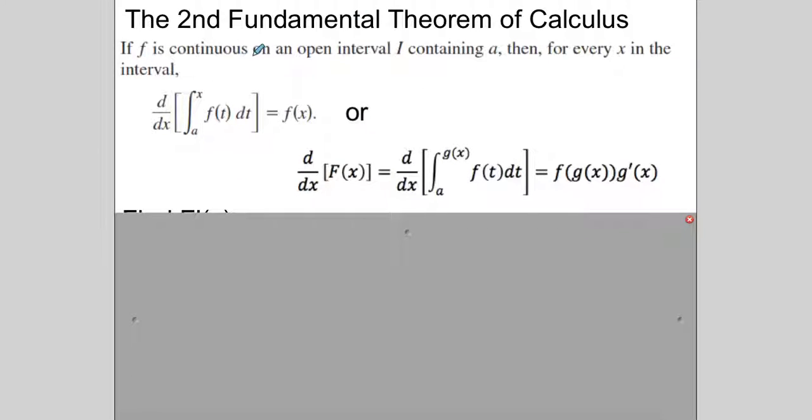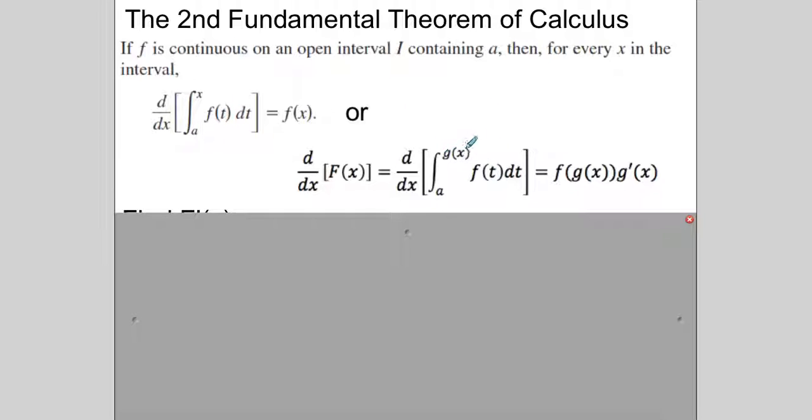If f is continuous on an open interval I containing a, then for every x in the interval, the derivative of the definite integral from a to x of f of t dt is f of x. So if this is just a regular x, all you have to do is substitute the x, and we have its derivative.